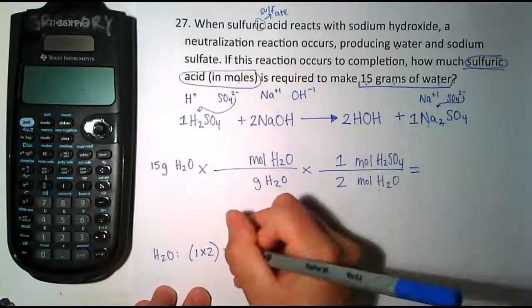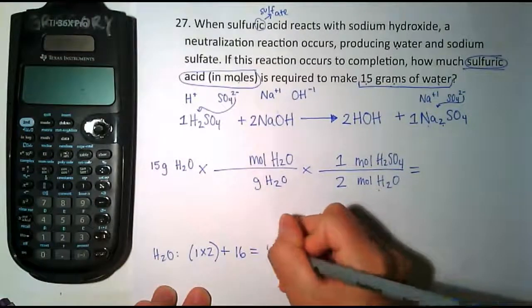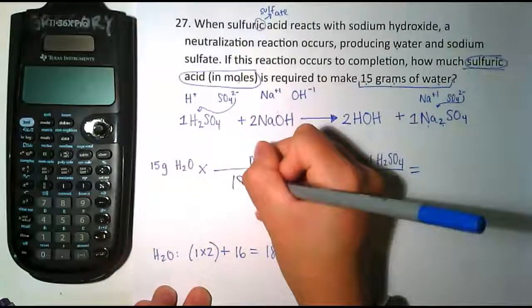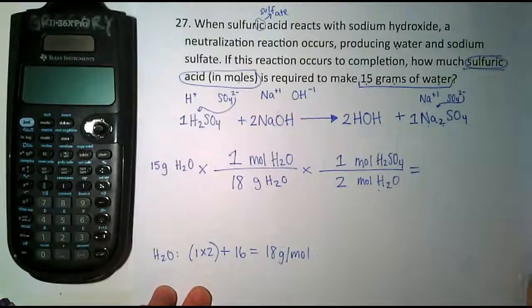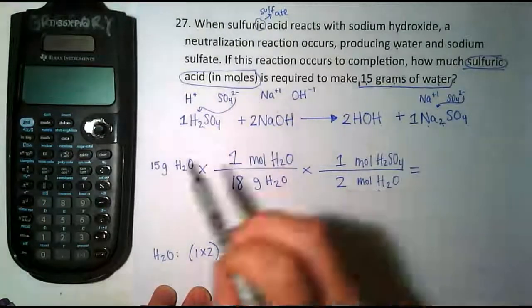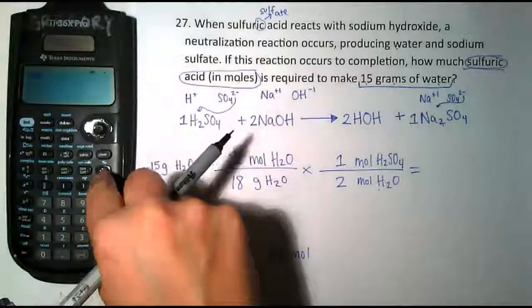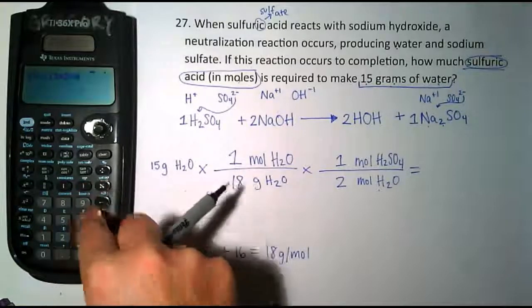And then we add 16 because oxygen has a mass of 16. So this is 18 grams per mole for water. 18 grams per 1 mole. So now we can just multiply and divide. So 15 times 1 times 1, that gives me 15 on top. And then divided by 18 times 2 in the denominator.